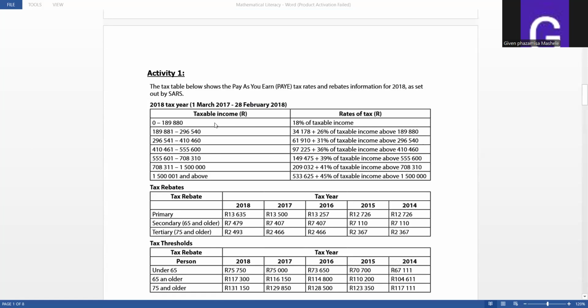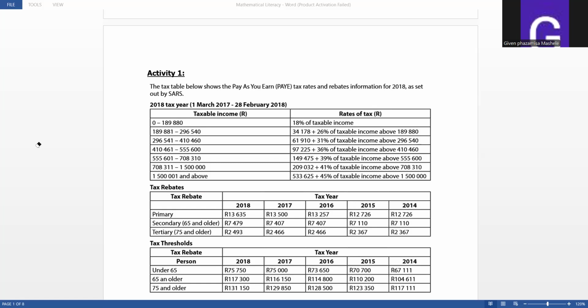If you look at this tax table, it is on the first table. This one is for the year 2018, from the 1st of March 2017 to the 28th of February 2018, based on their financial year. This tax table has the taxable income based on the range and also the rates of the tax.